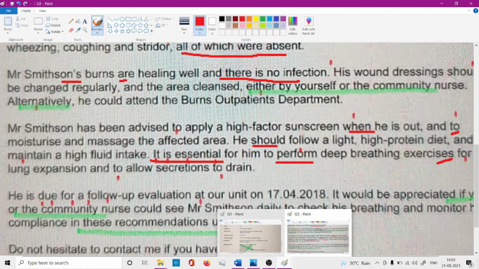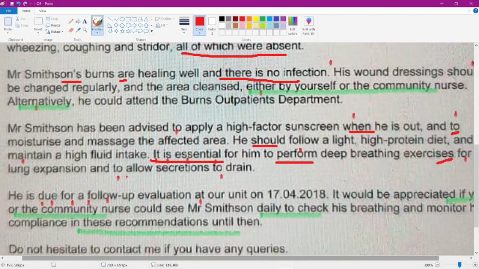The reason is for lung expansion and to allow secretions to drain. It's not compulsory, but they have that bullet point. They all started with 'to' and 'to'. See that instruction, the preposition 'to' has been used. 'For' has been used for explaining the reason.